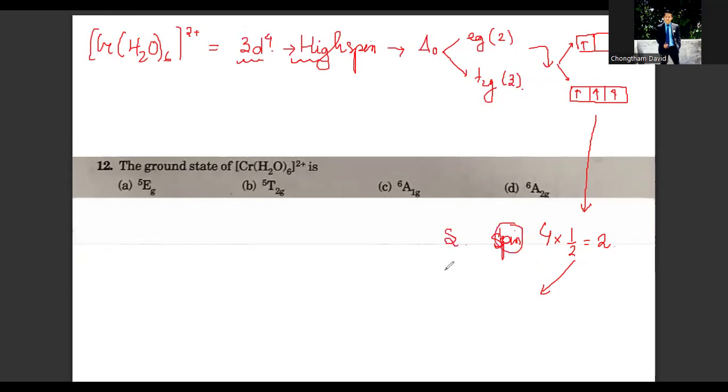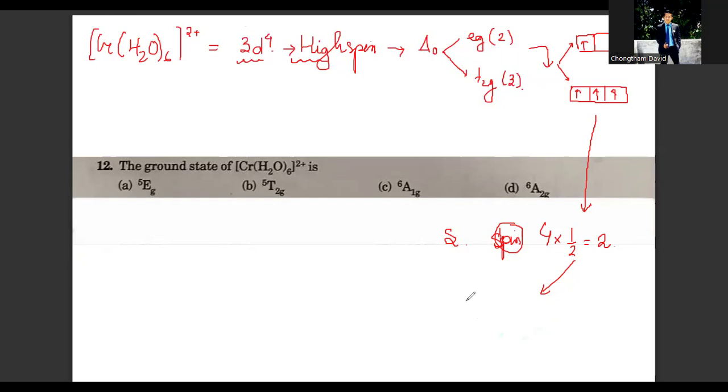And the next step is we can calculate the total spin quantum number S as given by the formula, 4 into 1/2, which would be equal to 2. Already we have calculated the value of S. The next step is finding the spin multiplicity.